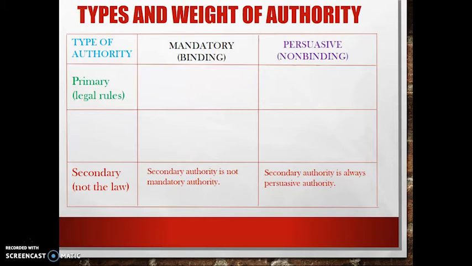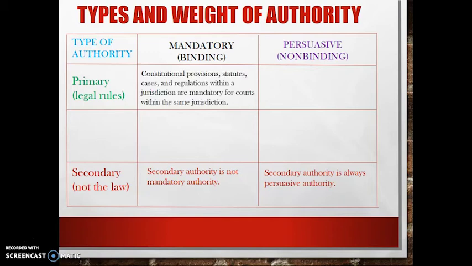And the key here is jurisdiction. That's why we discussed jurisdiction a few slides ago. For example, if we are dealing with a Florida issue, the Florida Constitution, statutes, cases, and regulations are mandatory for that Florida issue.